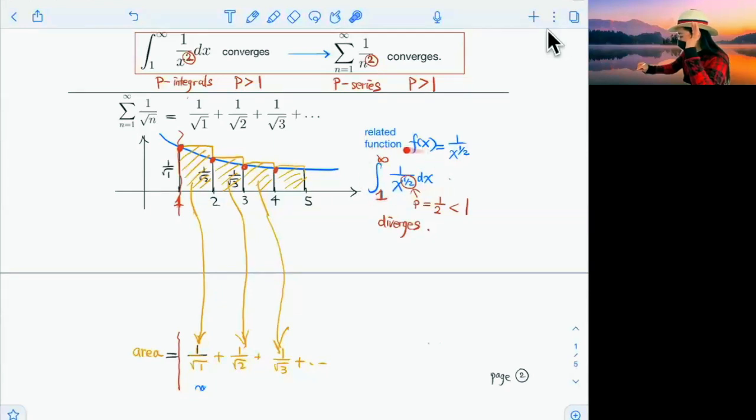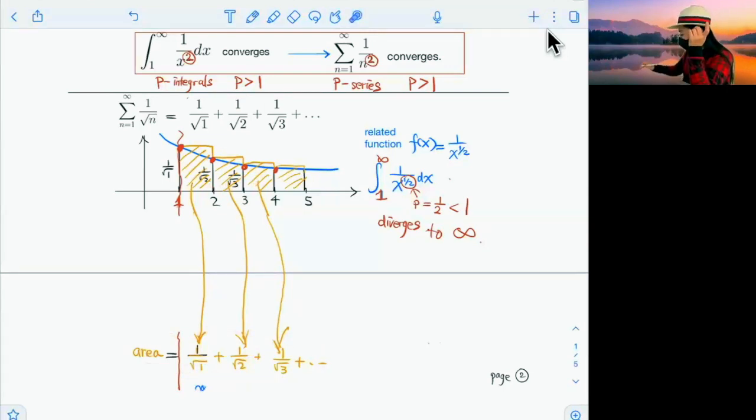So this integral corresponds to the area under the blue curve. We know that it diverges to infinity, because this is a p integral with p not greater than 1.